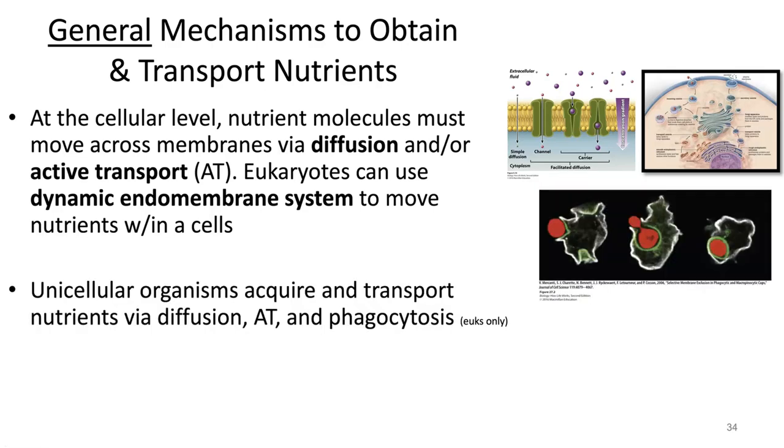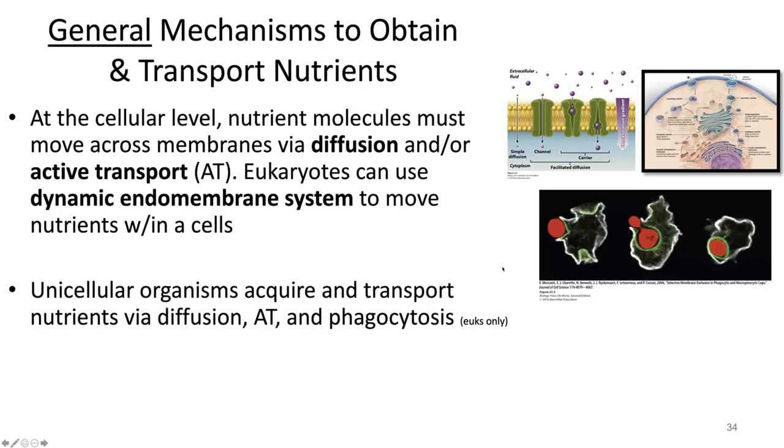Unicellular organisms can also acquire and transport nutrients via diffusion, active transport, and also phagocytosis. That was transport at the cellular level; here we're talking about how a unicellular organism acquires and transports nutrients. Unicellular organisms will use diffusion and active transport, and eukaryotic organisms can also do phagocytosis.